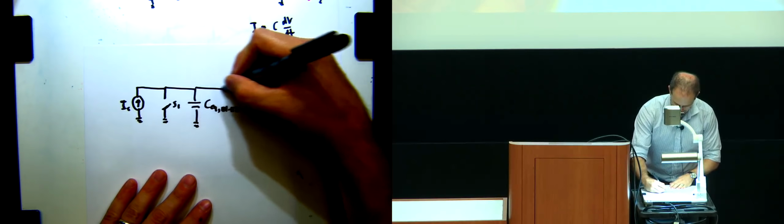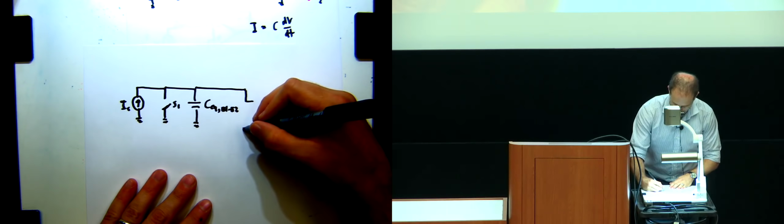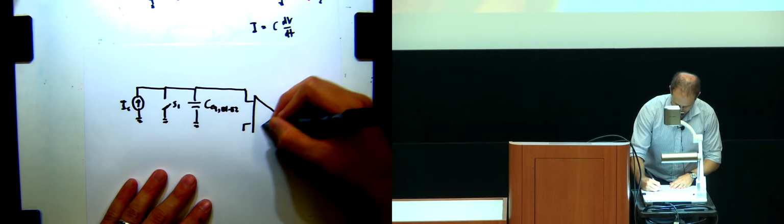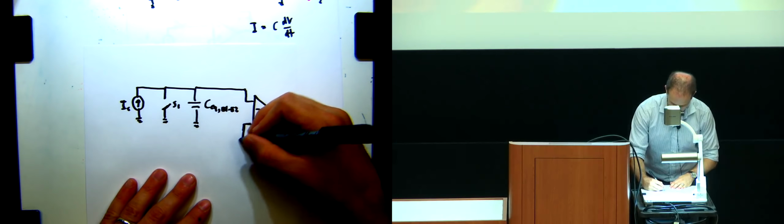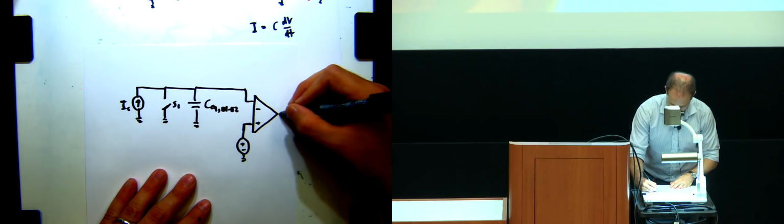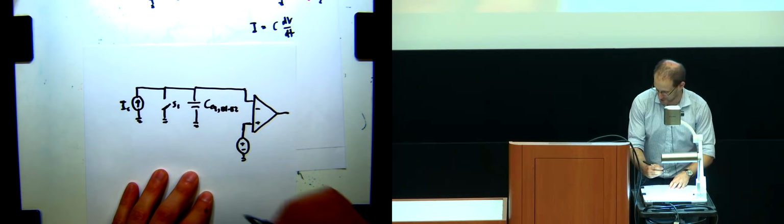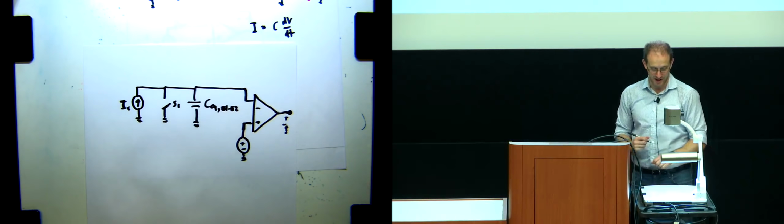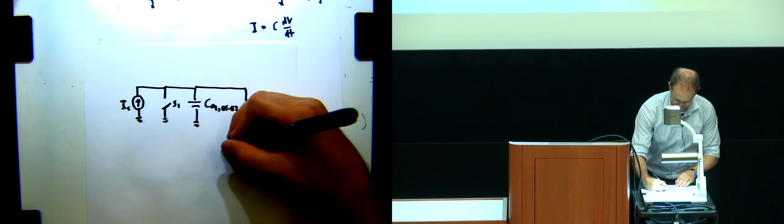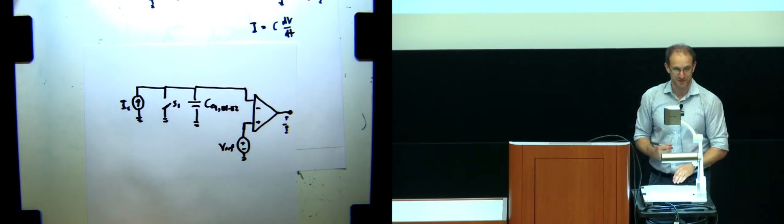And then we connected that to some kind of op-amp circuit, basically to check whether the voltage we ended up producing across that capacitor was above or below some threshold. This was our sensor output on the right, and this was some VREF right over here.